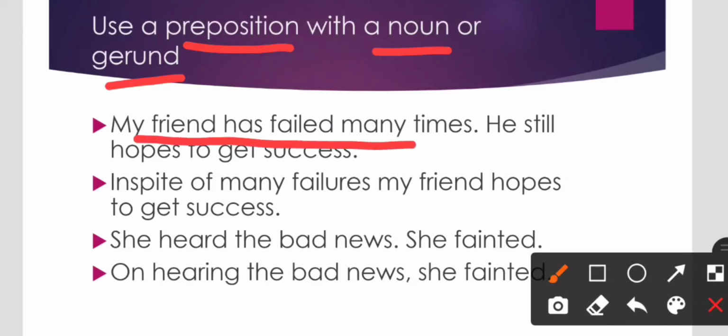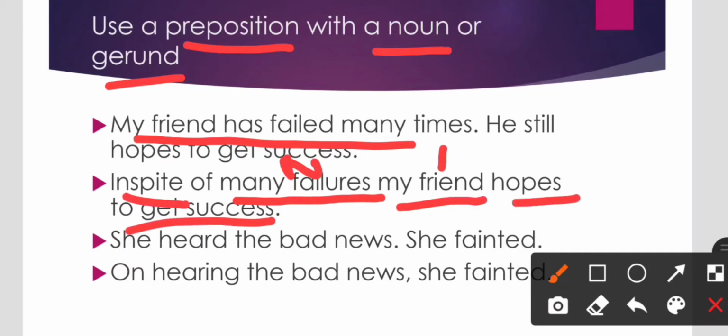He has failed many times. यानी in spite of many failures, इतने failures face करने के बावजूद वो he is still hopeful that he would succeed. So two contradictory statements and we are using the preposition in spite of. Okay. So in spite of many failures, that is a noun. Preposition with a noun, we can say, in spite of many failures, my friend hopes to get success. Again we have one subject and one predicate, so it is a simple sentence.